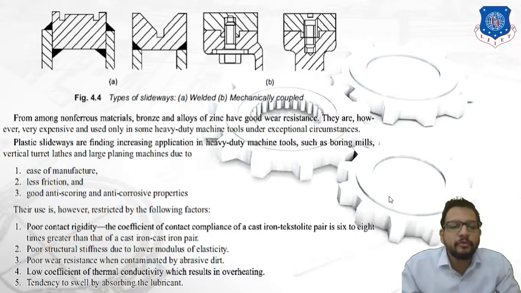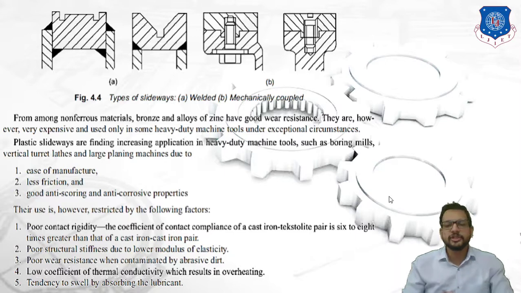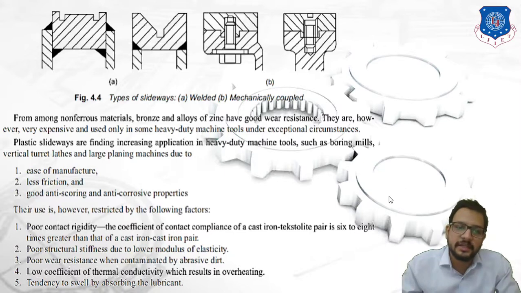Third, poor wear resistance when contaminated by abrasive dirt. Obvious point. Fourth, low coefficient of thermal conductivity which results in overheating. And fifth, tendency to swell by absorbing the lubricant. So these are all the restrictions which are given by plastic if we use it as slideway material.